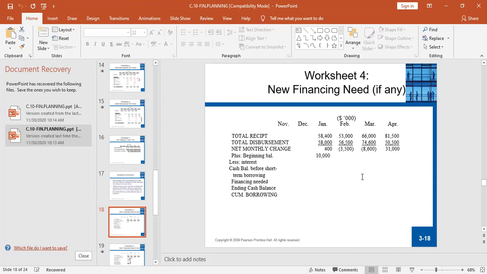If there is a negative amount, then you need to do the financing, if any financing is needed.